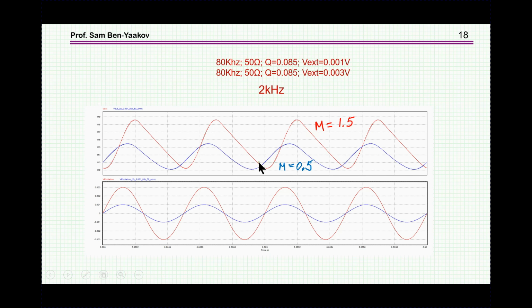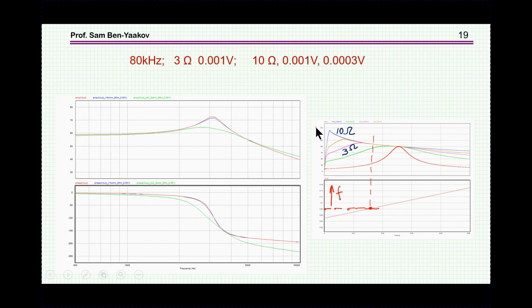You see here a fairly nice sinusoidal waveform, and here it's already quite a bit distorted. Now obviously PSIM cannot find the correct amplitude and phase if you are adding these high frequency sidebands, and therefore one has to be very careful to tune the magnitude of the excitation.